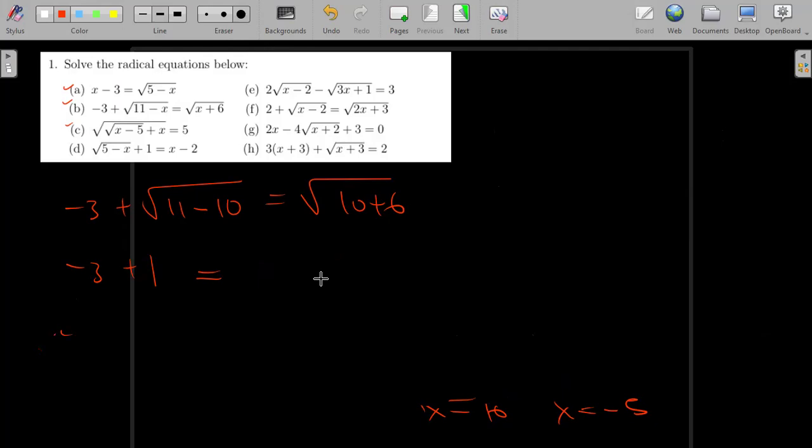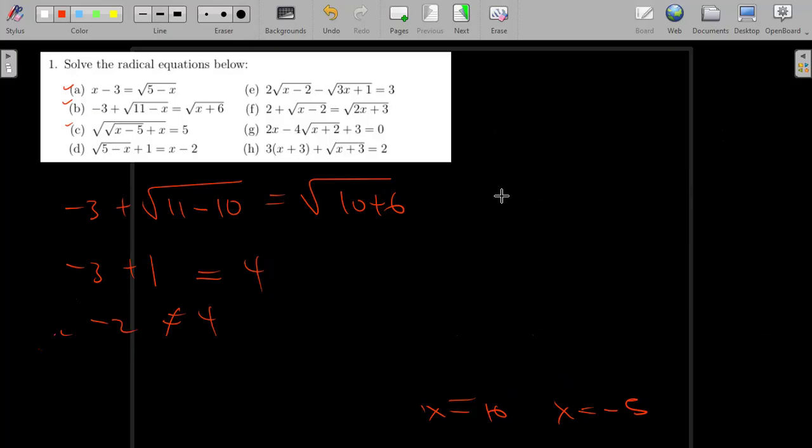This gives me 16, root of 16 gives me 4. And what do I get here? So I get negative 2 here, and there I get 4. So 10 is not giving me what I want. Since negative 2 is not equal to 4, then what's the other one?